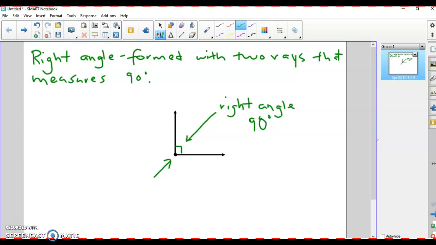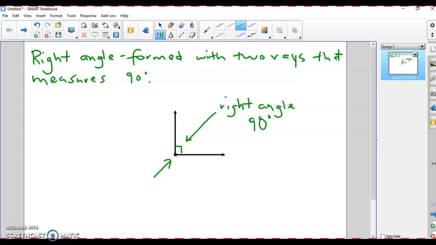Now, there are a bunch of ways that you can identify these right angles. They are everywhere around your house or outside. You're going to have to look for them. So they're not going to have that square inside that angle for them when you're just looking for them.